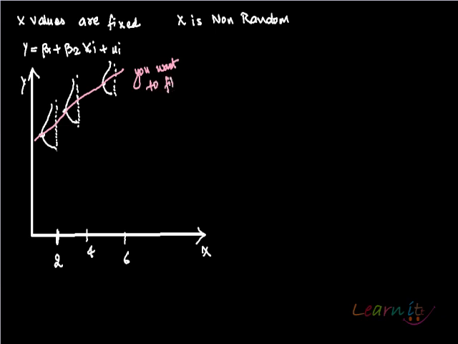This is your sample regression function. The only thing is that x's are non-random. Later on you can even relax this assumption of x's being non-random, but it will have its own kind of problems.